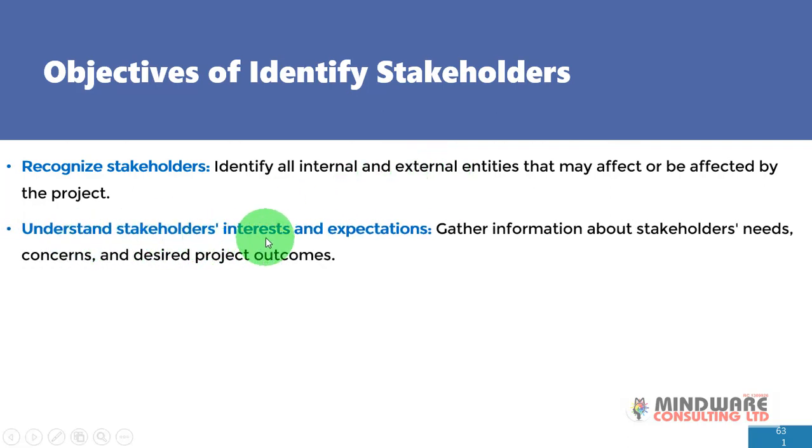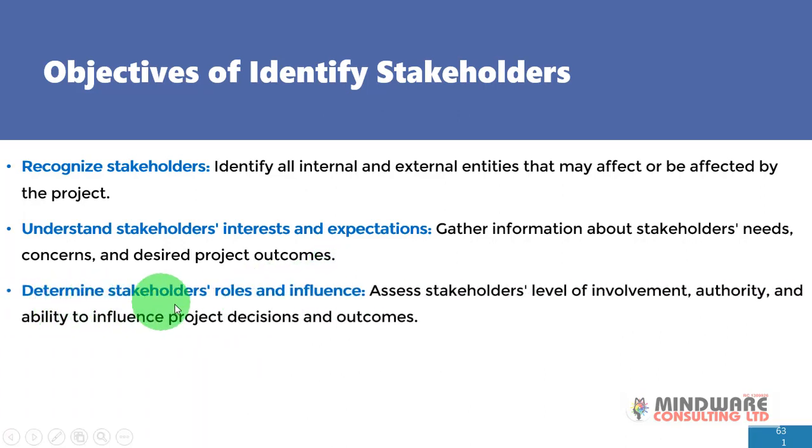Next, understand stakeholders' interests and expectations. At this point, you gather information about stakeholders' needs, concerns, and desired project outcomes. What are their needs and what are their concerns? What do they desire from this project? Then, determine stakeholders' roles and influence. Here you assess stakeholders' level of involvement, authority, and ability to influence project decisions and outcomes.